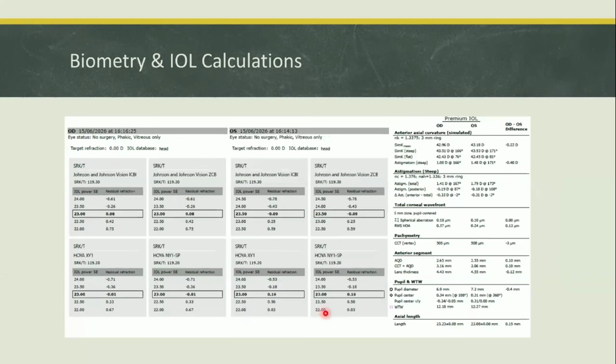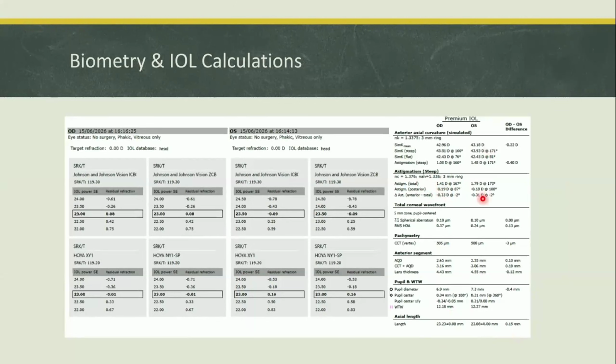If you see the second case, there is an astigmatism of one diopter for the right eye and 1.4 for the left eye, and the axial length difference is 0.15, which is acceptable. The total astigmatism is 1.41 diopters for one eye and 1.79 for the left eye.